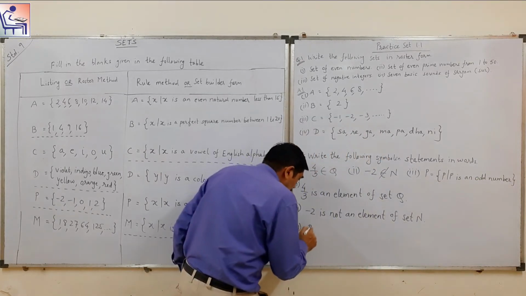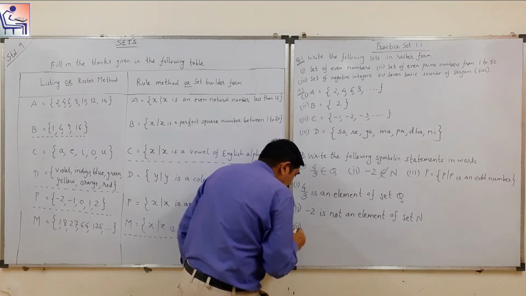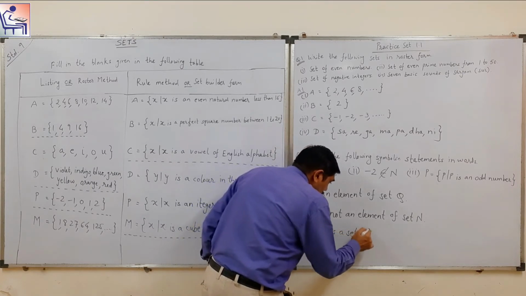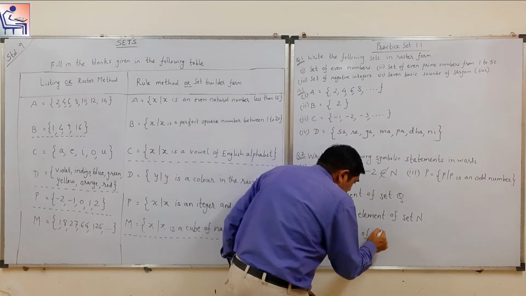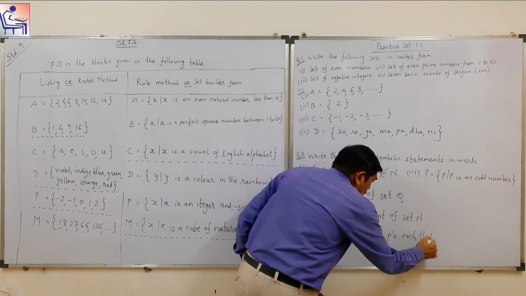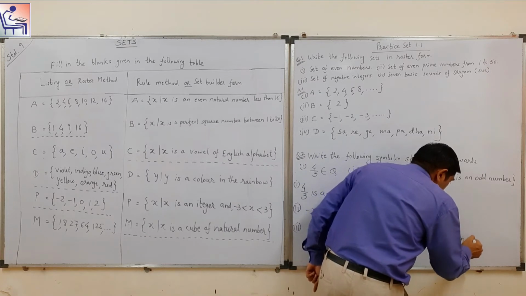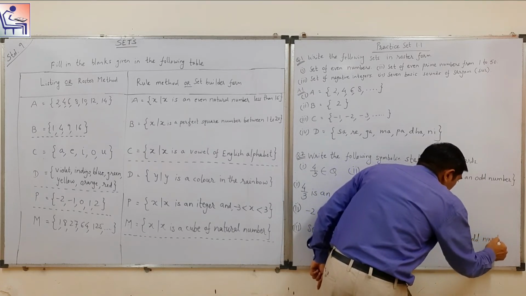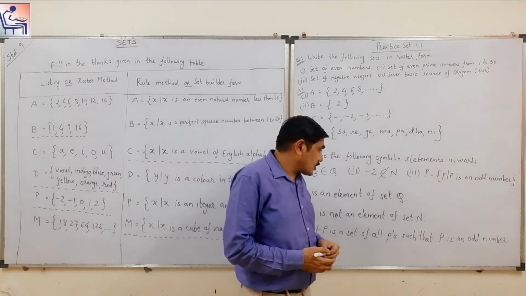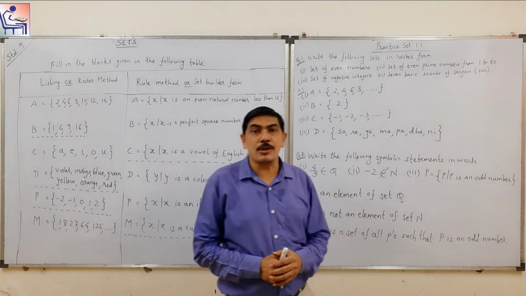So here I will say set P is a set of all p's such that p is an odd number. Set P is a set of all p's such that p is an odd number. So here we have completed question number 2.